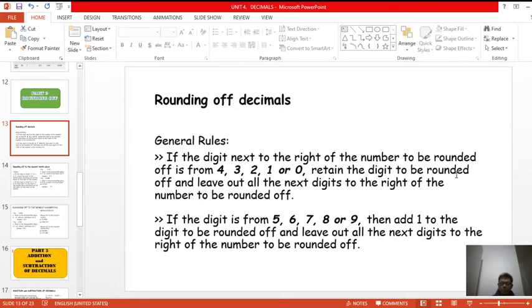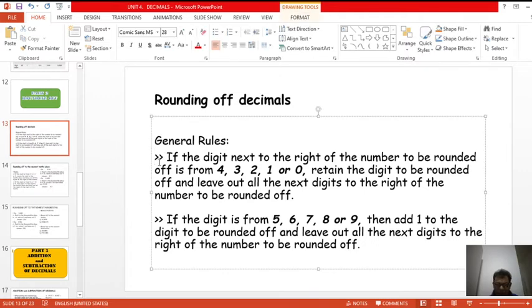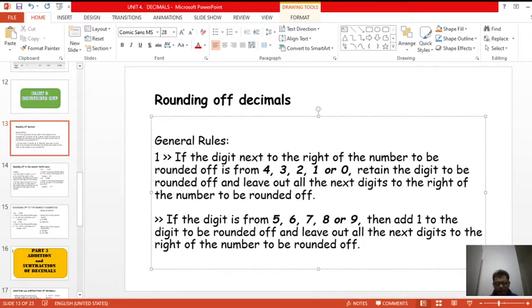Rule number 2 is the same thing as with whole numbers.